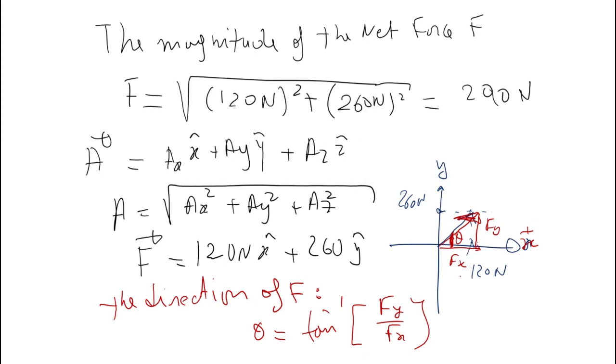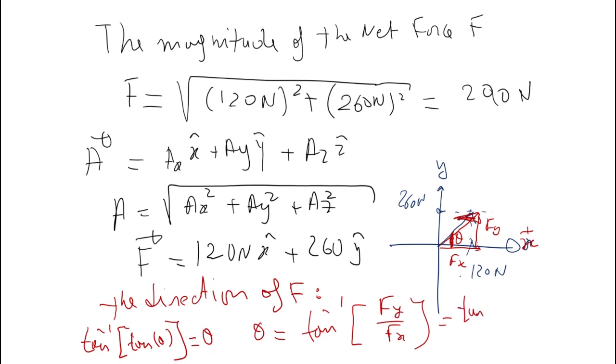We need the theta. To get the theta, you apply the tangent inverse to tangent theta, which gives theta. Remember, tangent inverse of tangent of theta equals theta. Tangent of theta is Fy over Fx, so theta will be tangent inverse of Fy over Fx.